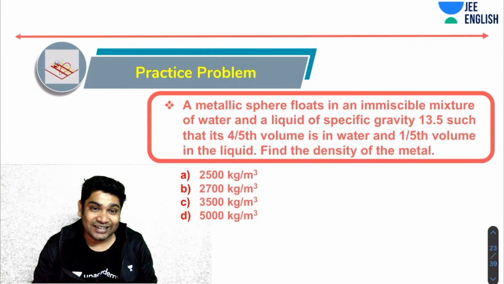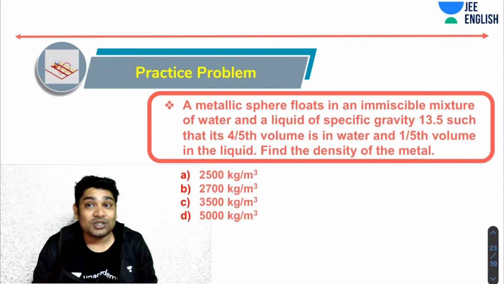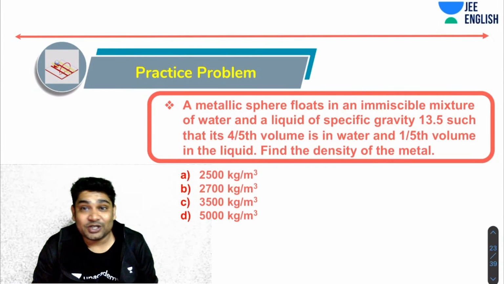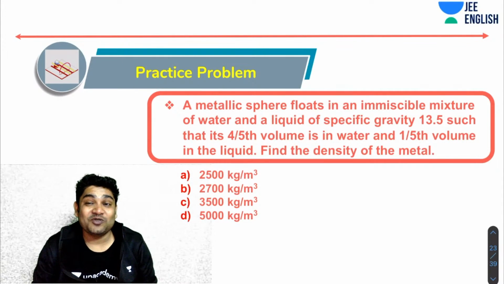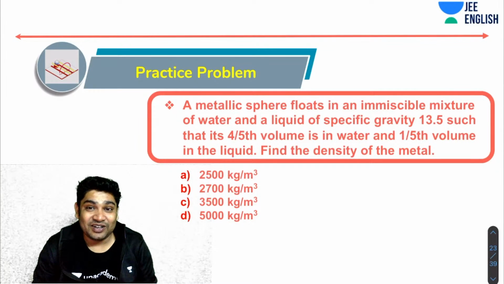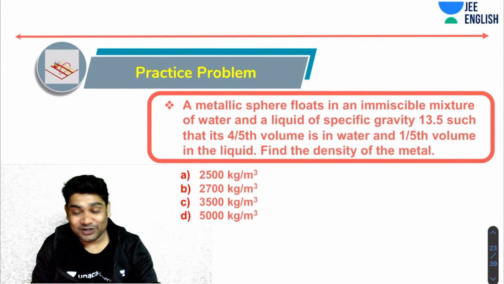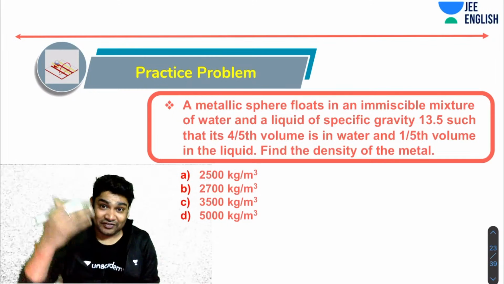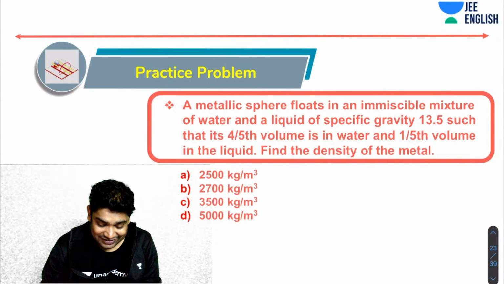Here you've been told a metallic sphere floats in an immiscible mixture of water and a liquid of specific gravity 13.5, such that 4/5 of its volume is in water and 1/5 of the volume is in the liquid. Find the density of the metal. What do you think the density of the metal is going to be if it is floating in two liquids? Try and answer this.